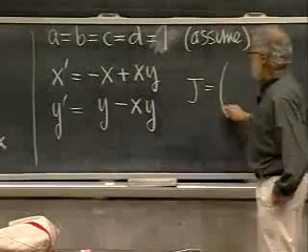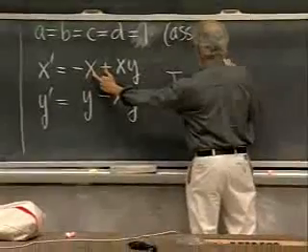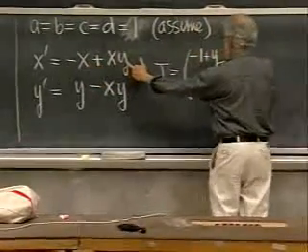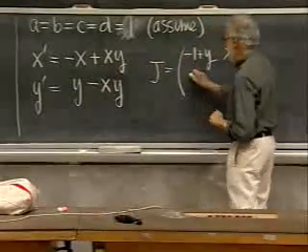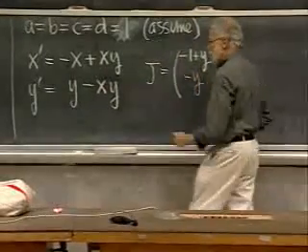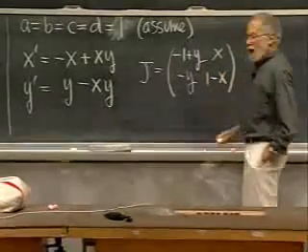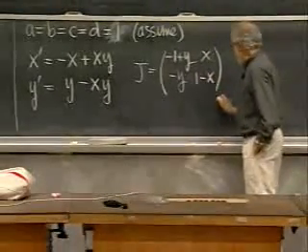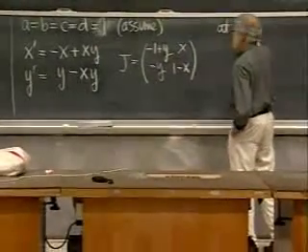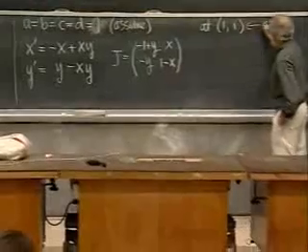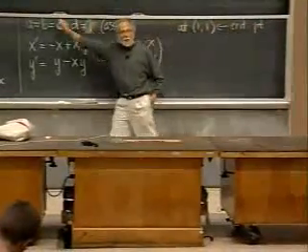Well, the Jacobian is the partial of this with respect to x, which is minus 1 plus y, the partial with respect to y, which is x, the partial of this with respect to x, which is minus y, and the partial with respect to y, which is 1 minus x. But I want to evaluate that at the point 1, 1, which is the critical point. It's the critical point because I've assumed that all these parameters have the value 1.